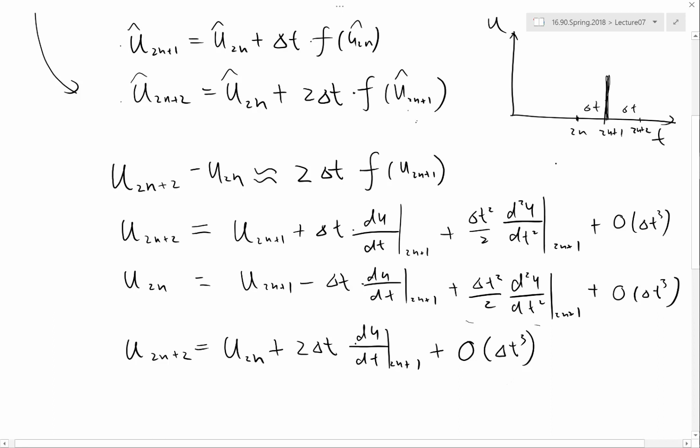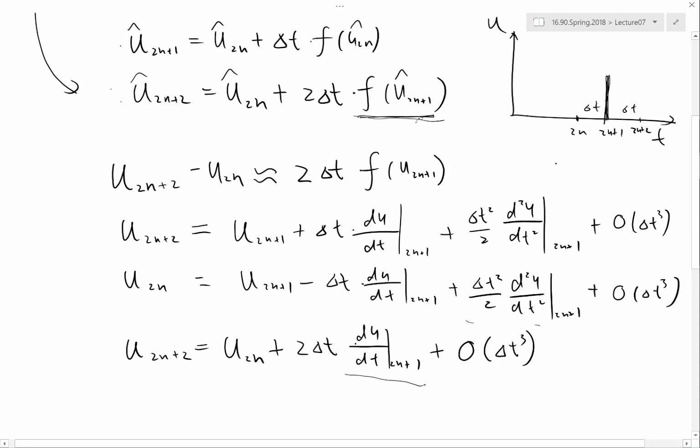Okay, so the key thing is that du dt at 2n plus 1 is actually different from f evaluated at u hat at n plus 1. So basically we have an error term in here that is based on a different formula.